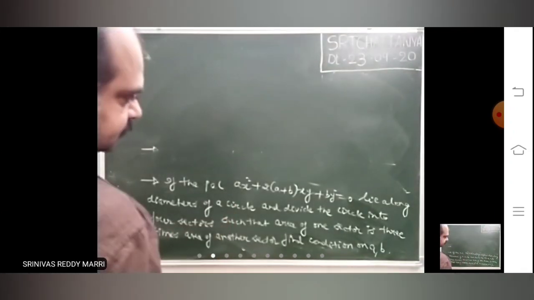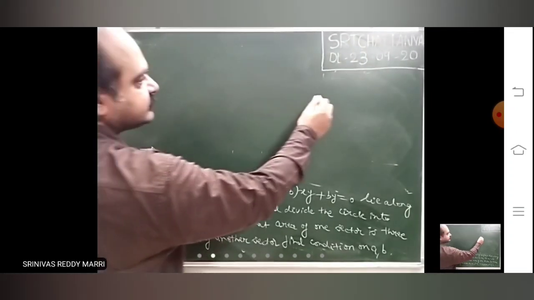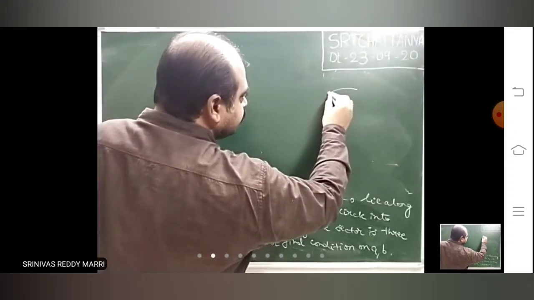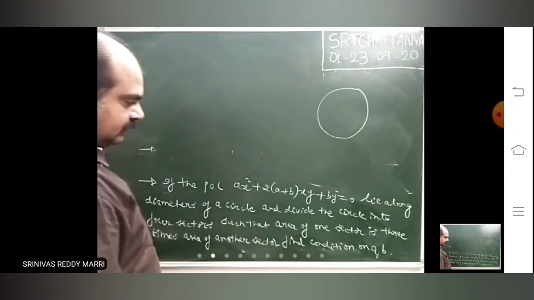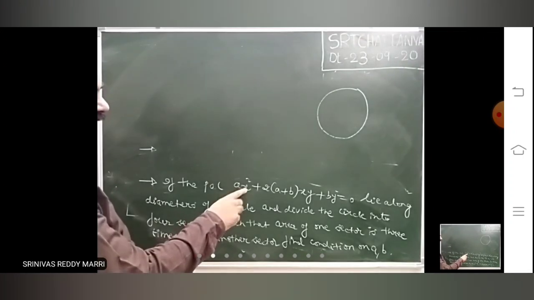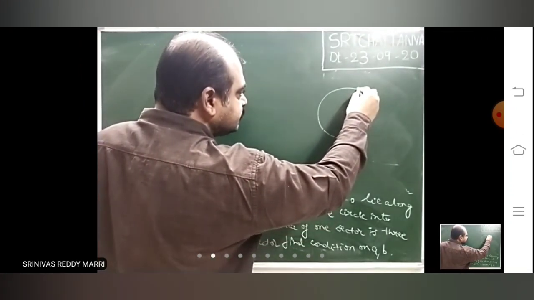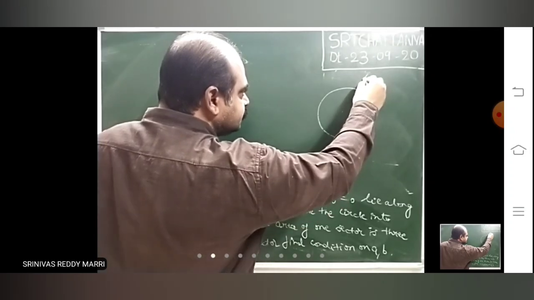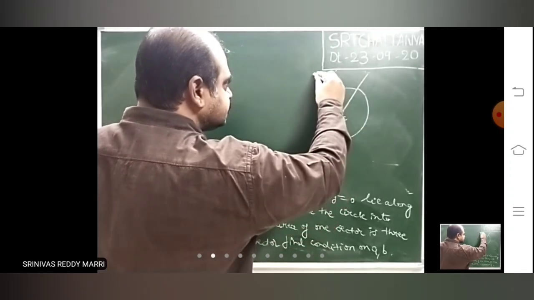Look at it. So these are the pair of lines. So they lie along the diameters of a circle. Diagram I am drawing. Look at it. There is a circle. So these two lines, they are diameters. Let us say center is this.